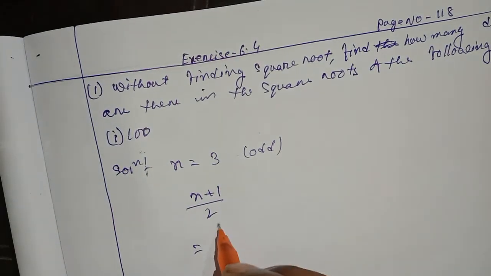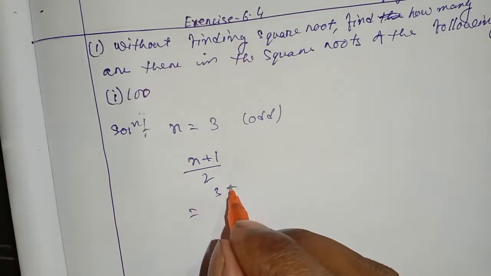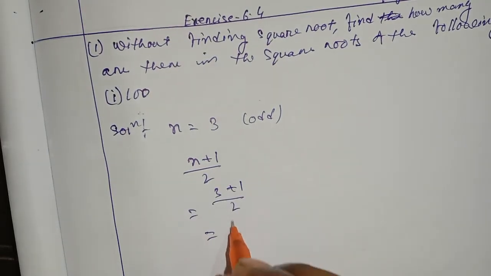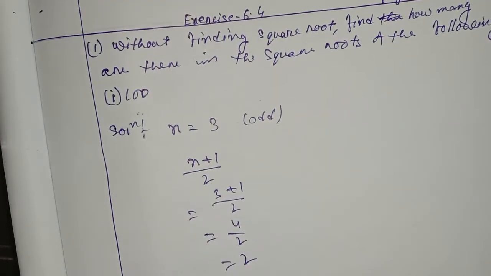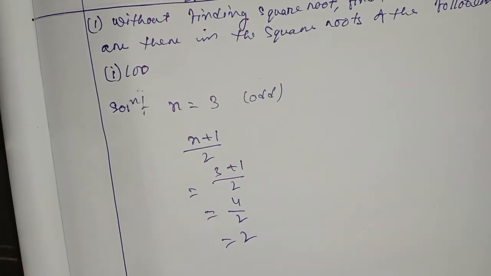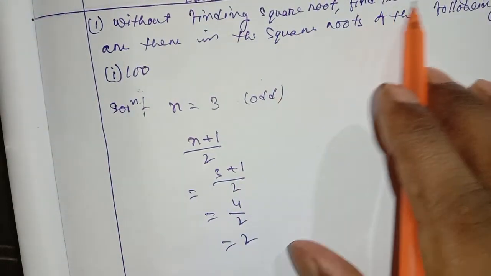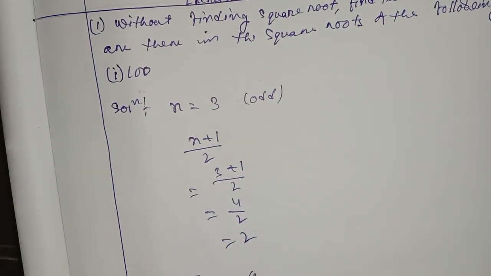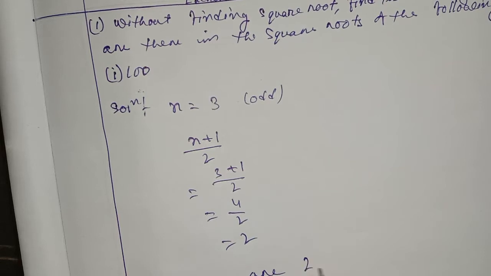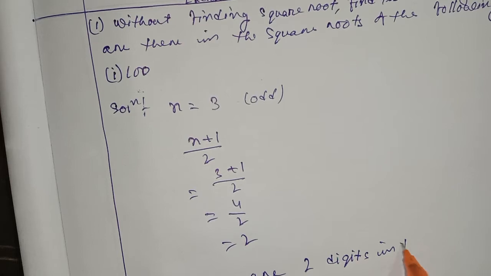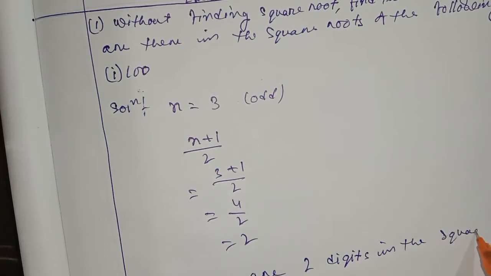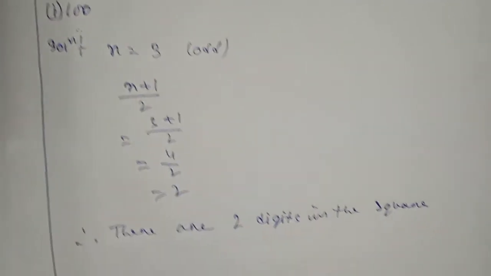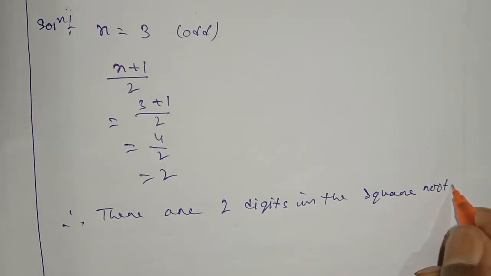The n value is 3, so (3 plus 1) by 2, then 4 by 2 equals 2. Therefore, there are 2 digits in the square root. Okay.